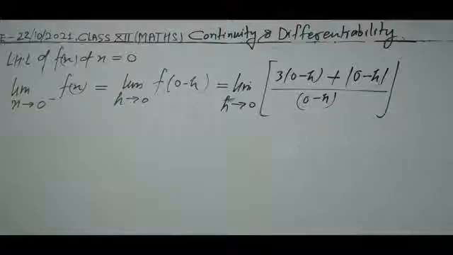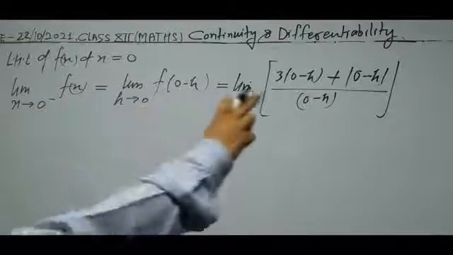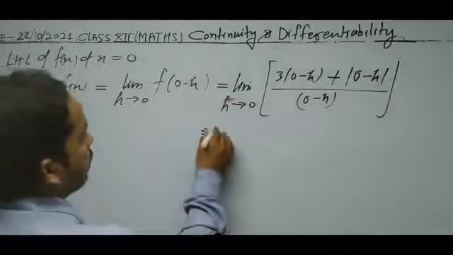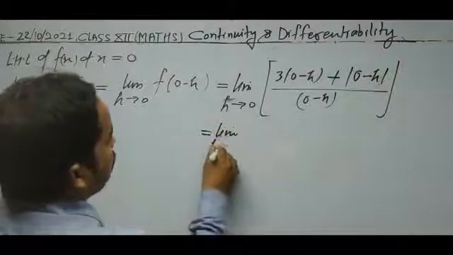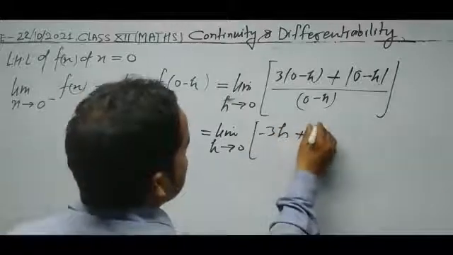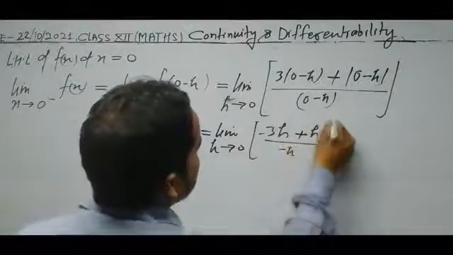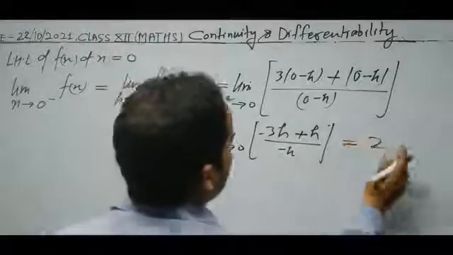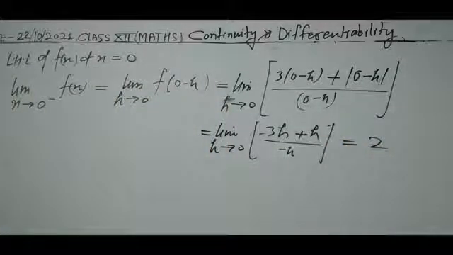When you simplify, you will get minus 3h and plus h. So limit h tends to 0 of (-3h + h) upon (-h). Its result will be (-2h)/(-h), and the result you will get is 2.